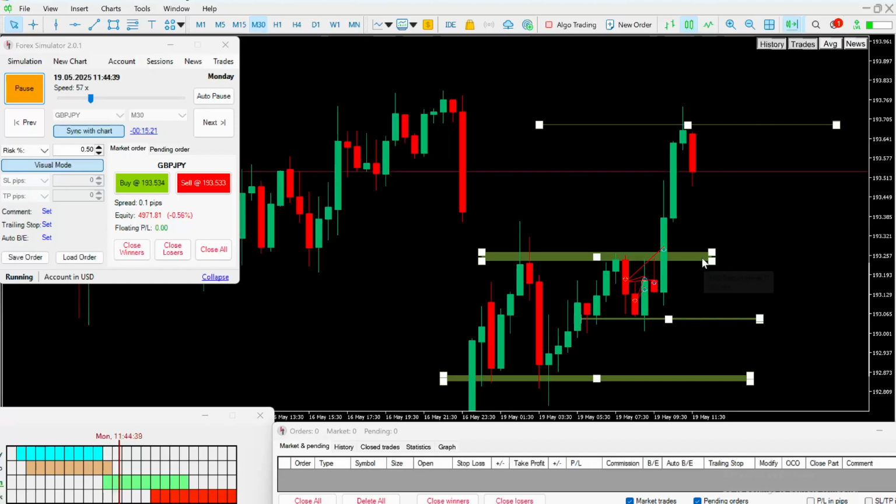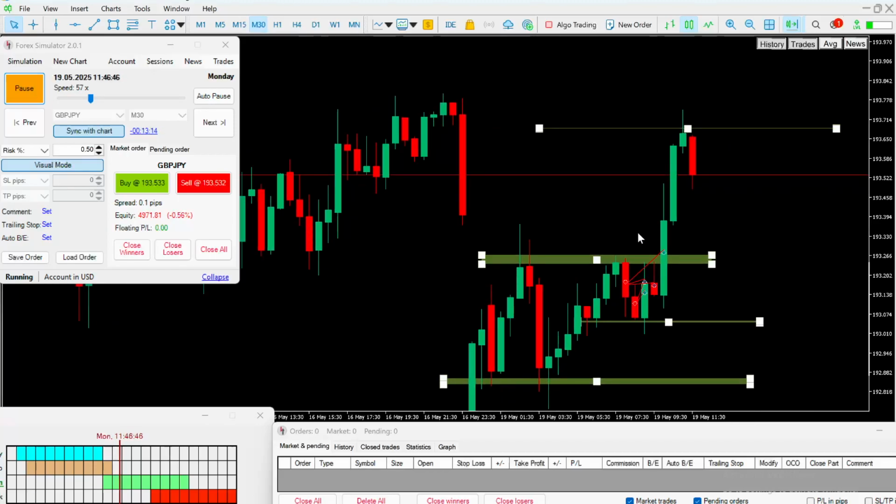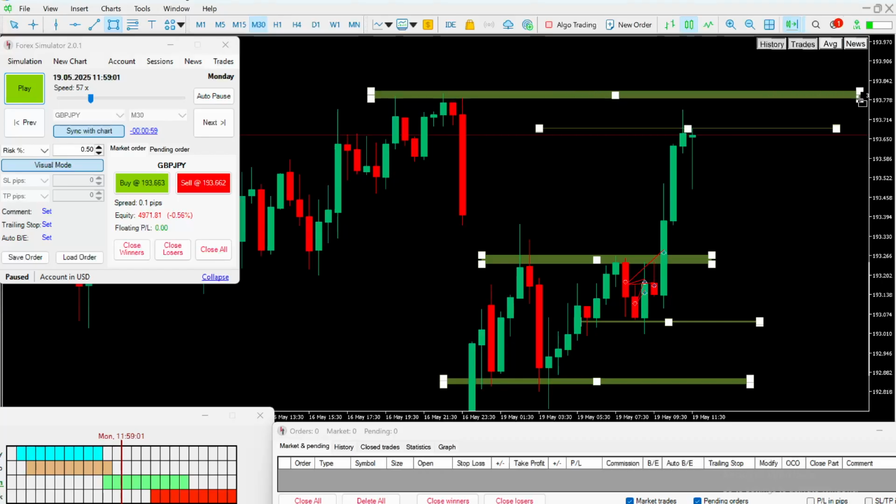To retest here. But I guess it's better if we, because we have here also a support level.